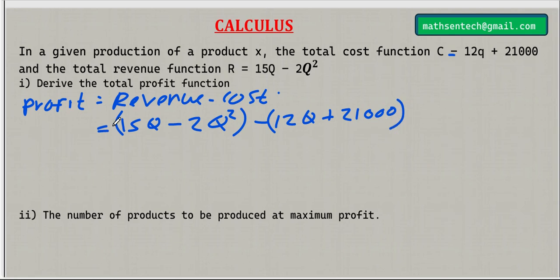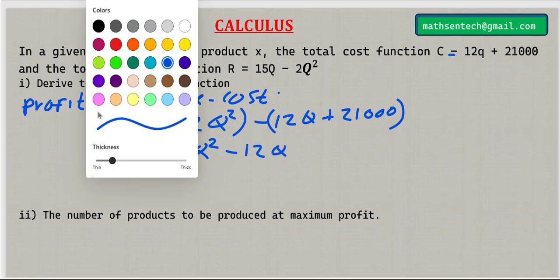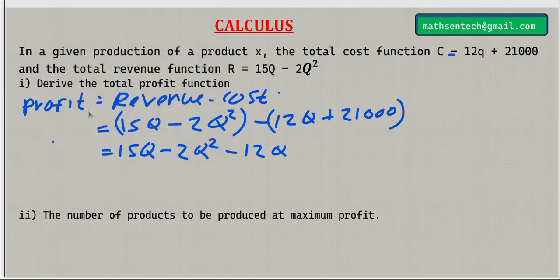So now open the brackets, so that you have 15Q minus 2Q squared minus 12Q. So remember, this minus and this plus and this minus here, when you multiply them you actually get minus, so this will now be minus 21,000. So you get 15Q.